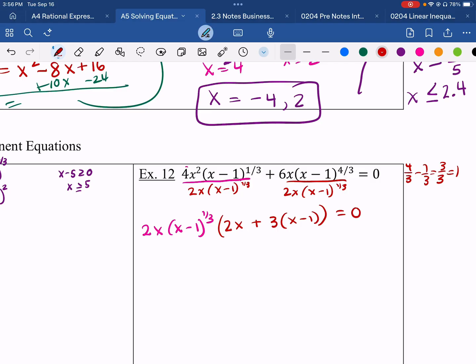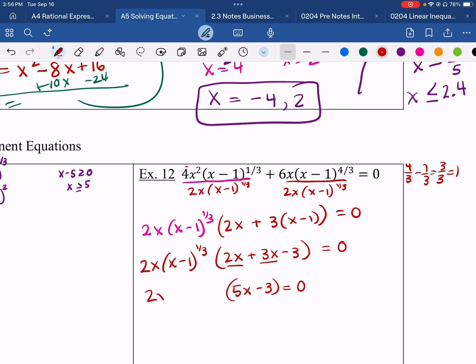The outside stays 2x, x minus 1 to the 1/3. In here, it's 2x plus 3x minus 3 equals 0. 2x plus 3x is 5x minus 3.